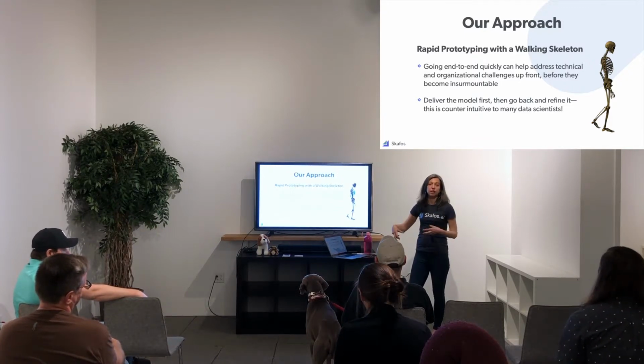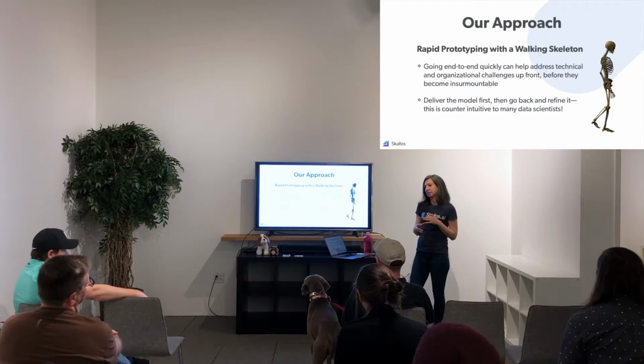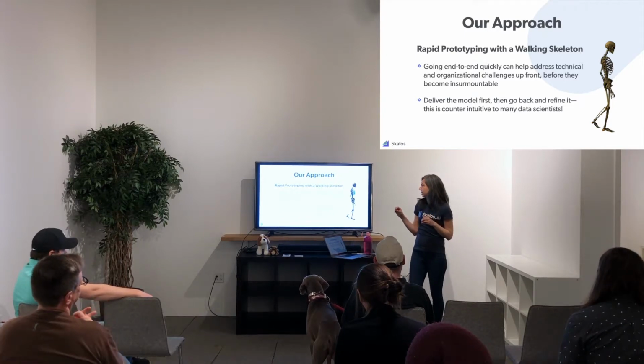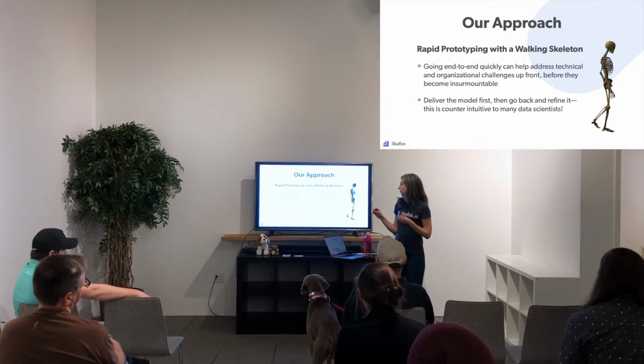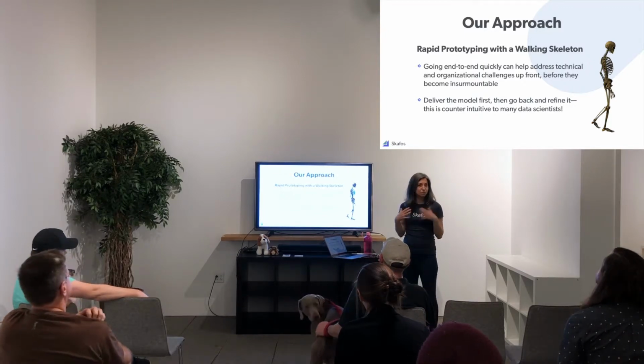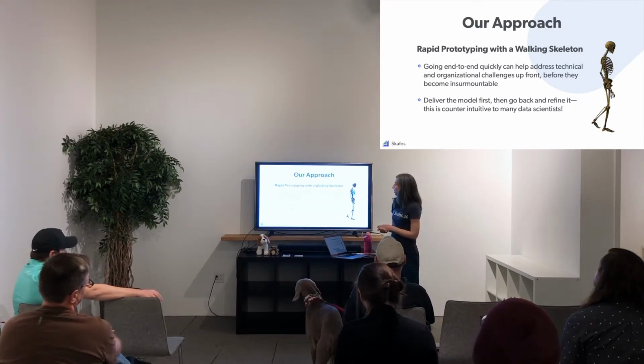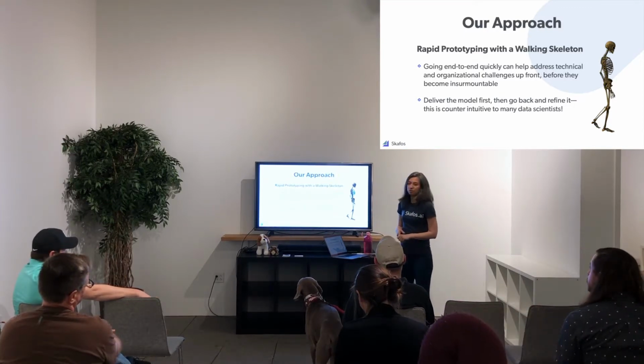Okay, now I can build the app I want, and I can say, okay, data scientist, this is what I need to classify, here's how it works. So it's just going to that walking skeleton really quickly. And as it says on the slide, it's counterintuitive to many data scientists. It was a little bit of an internal battle for me at first, but now I really like it.